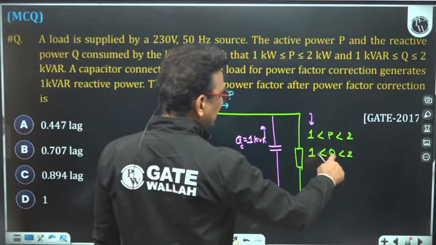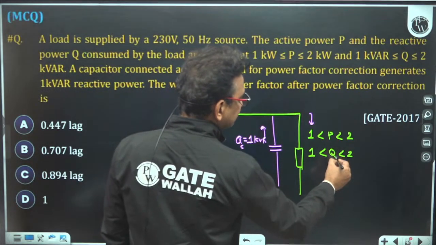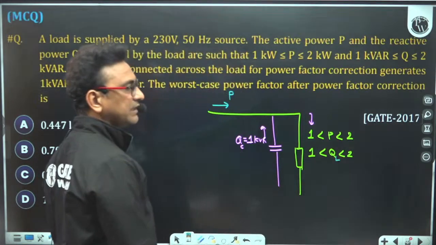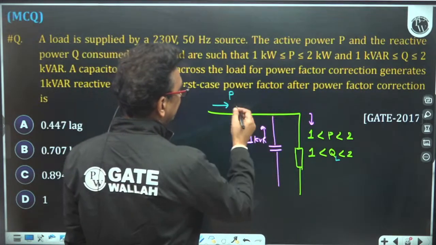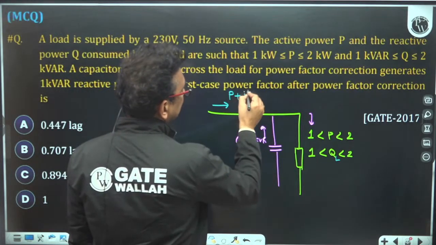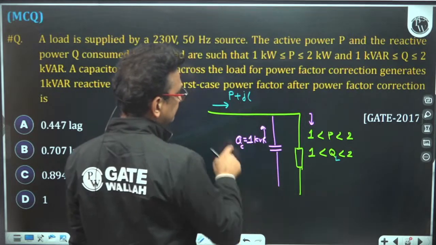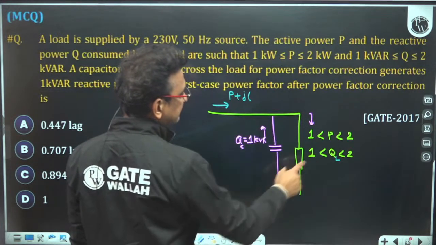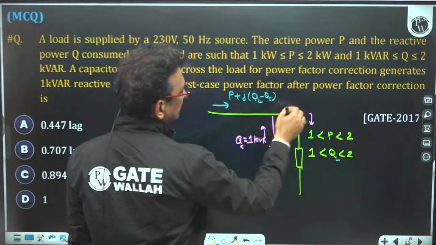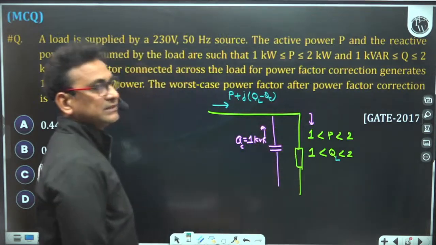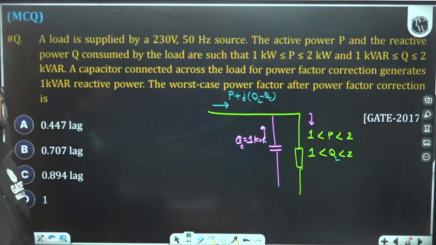The load is consuming, suppose QL, this is my QL, the reactive power of the load, but the capacitor is supplying the reactive power. So the total reactive power coming through the transmission line is QL minus QC, because QL is consumed and QC is generated reactive power.